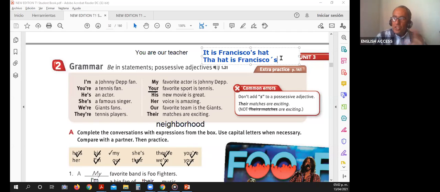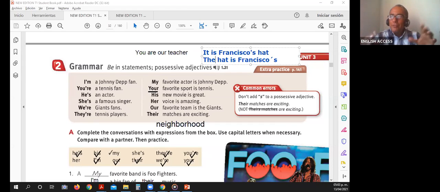You see, I switch the places. Cambié el orden. I switch the order. But the information is the same and is correct. It is Francisco's hat. In this case, the hat is Francisco's.